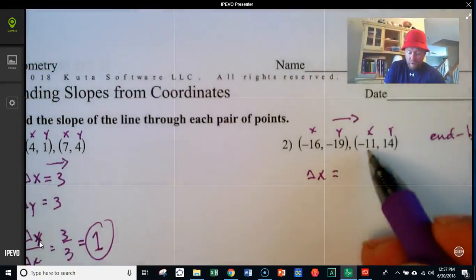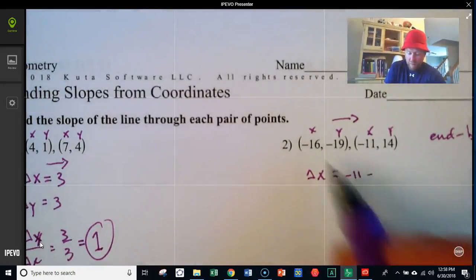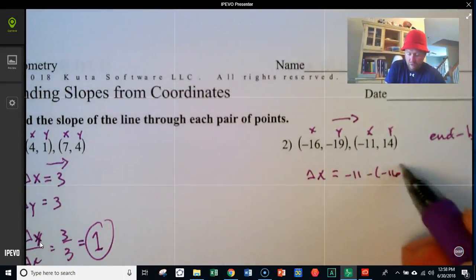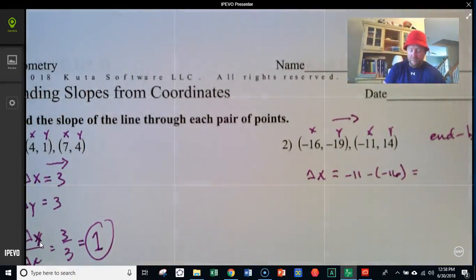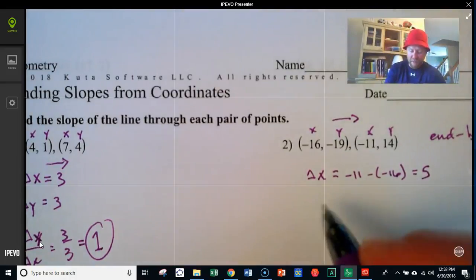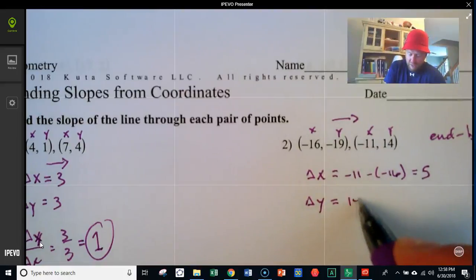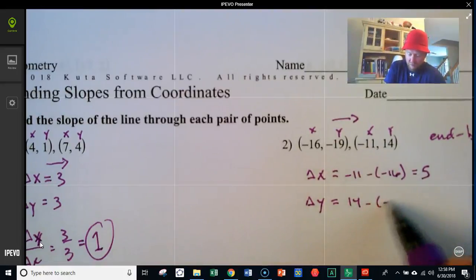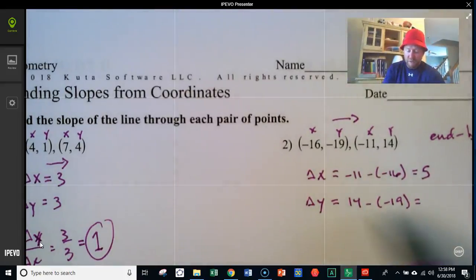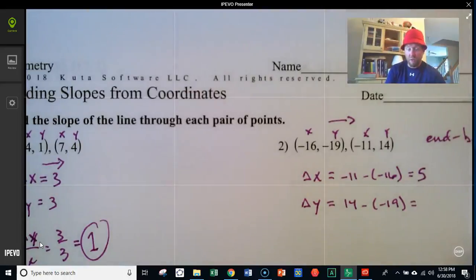Okay? So here it's negative 11 minus negative 16, which you can use a calculator for, or you could just know that it's 5. And our change in y is 14 minus negative 19, which is the same as 14 plus 19, and that is 33.